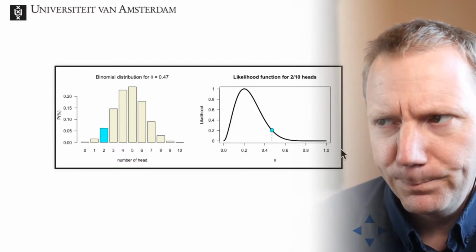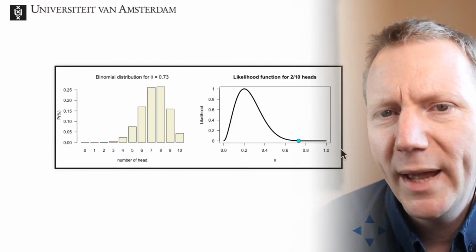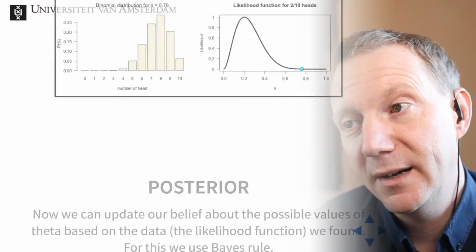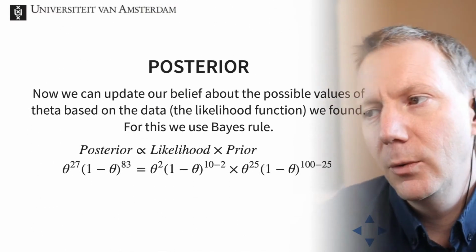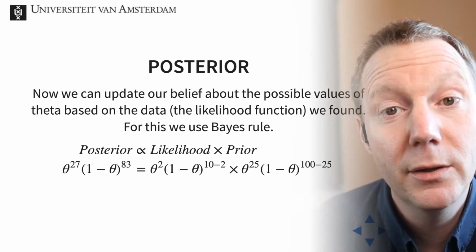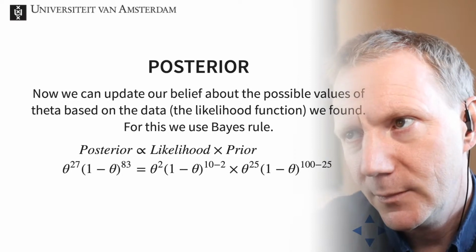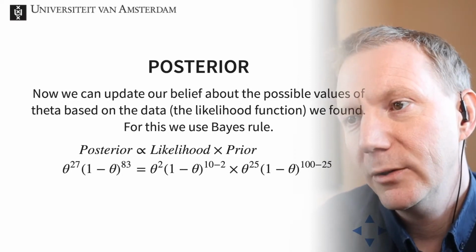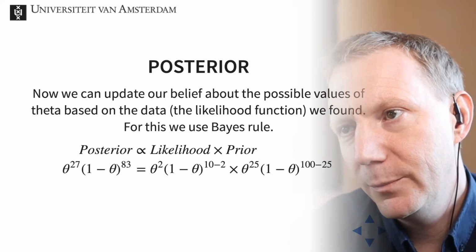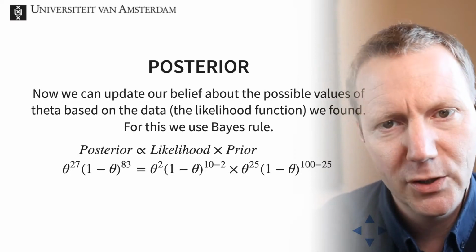So now we have our prior belief, we have our data, so we can now update our belief based on the data we found. So we can now calculate our posterior and update our belief based on the likelihood function.